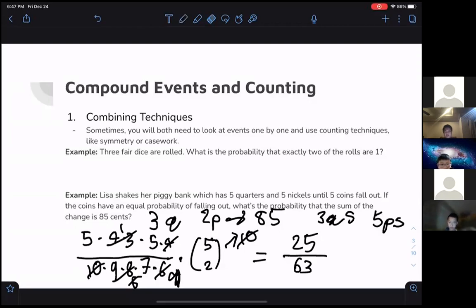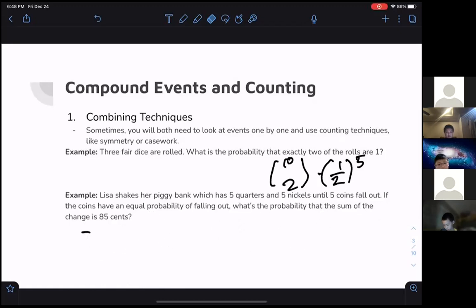I think some people may have inadvertently done it as with replacement, in which case the right answer should be 5/16, or just 10 choose 2 times 1/2 to the 5th, which is indeed 5/16. That's okay, because it didn't really specify it that closely here. So if you got that, then you probably understood it a bit differently, but you know how to do the counting, which is good.